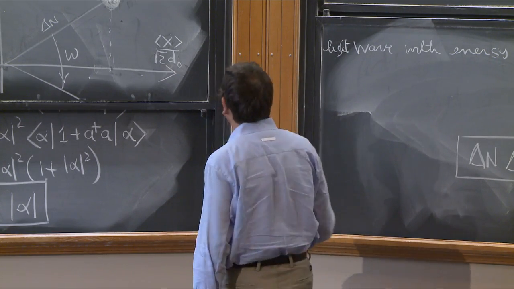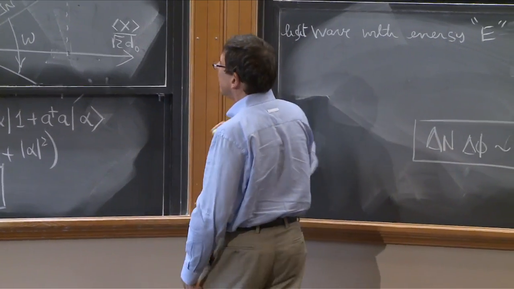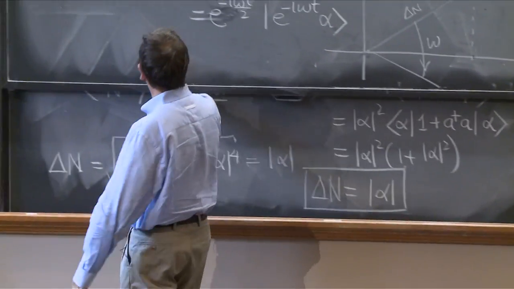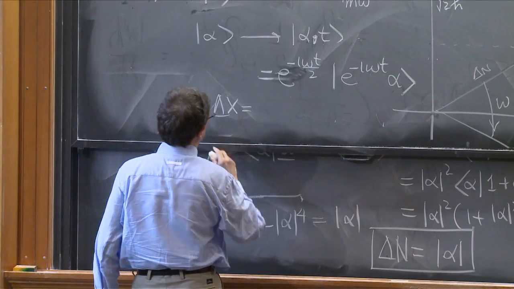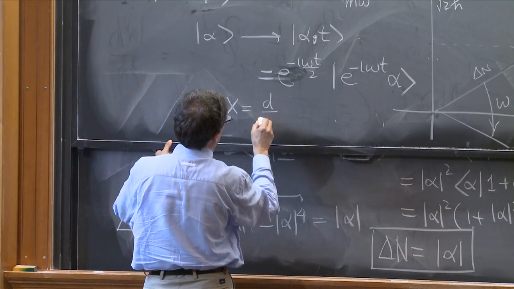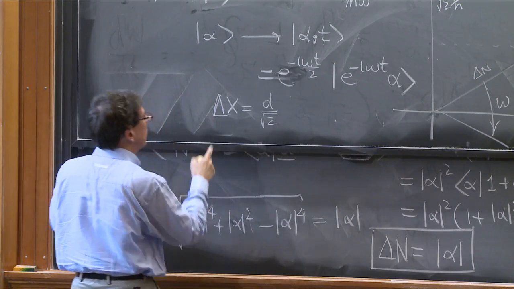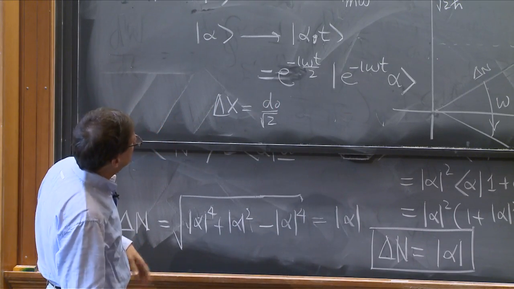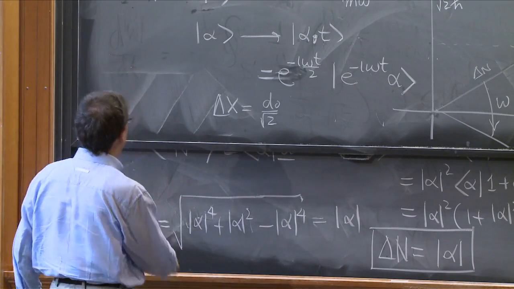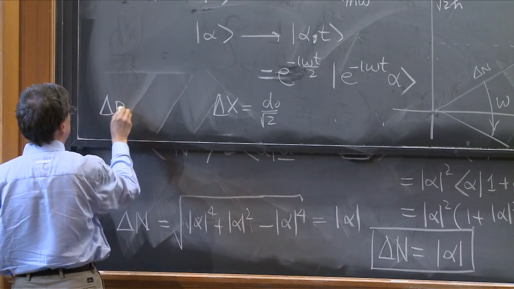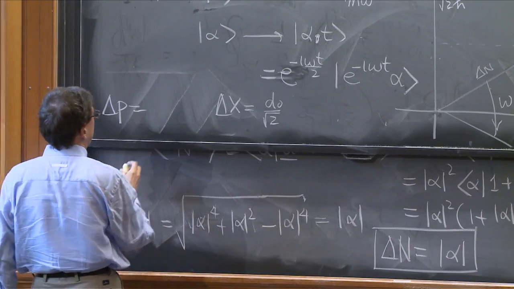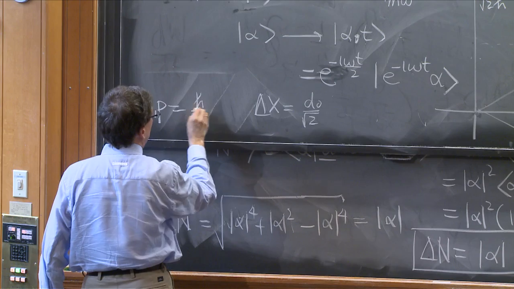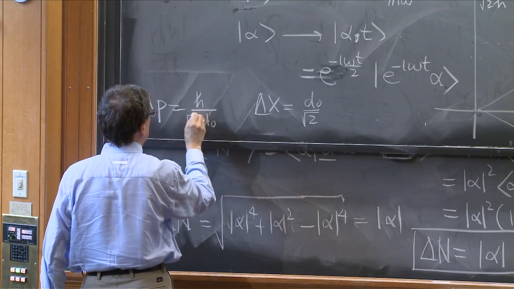So the uncertainty delta x is in fact this quantity that we call d0 over square root of 2. That's the uncertainty in x, and the uncertainty in p is h bar over d0 square root of 2.